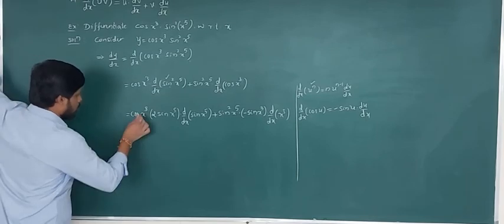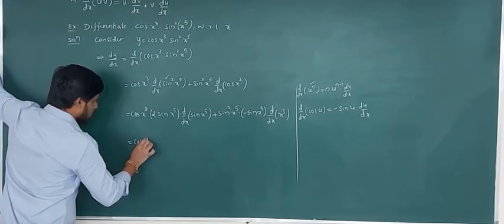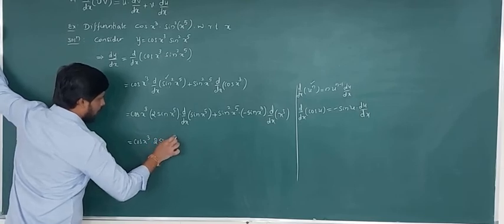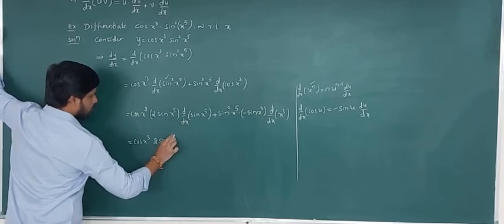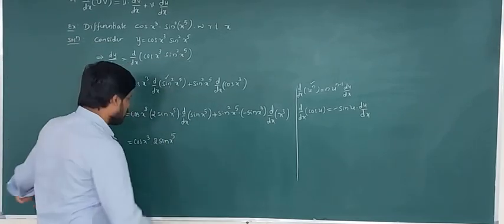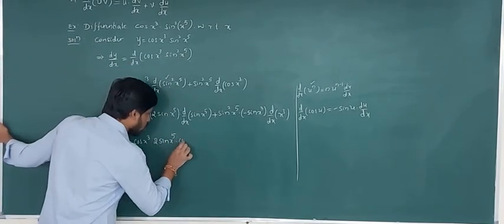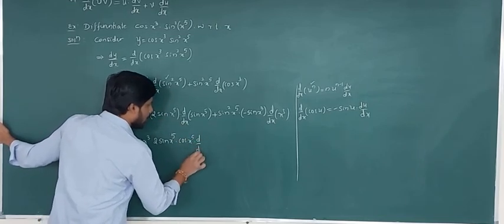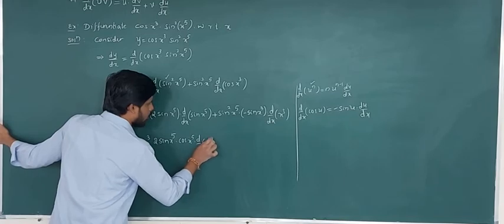Again, one more step. So cos x cube into 2 into sin x to the power 5, and sin differentiation is cos x to the power 5 into d by dx of x to the power 5.